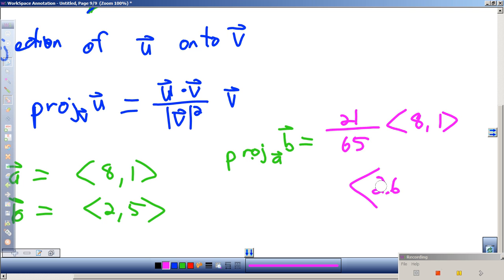And that would be our vector. Well, look what's here. This vector is saying this is how much of B goes in the same direction as A. Any questions? Okay.